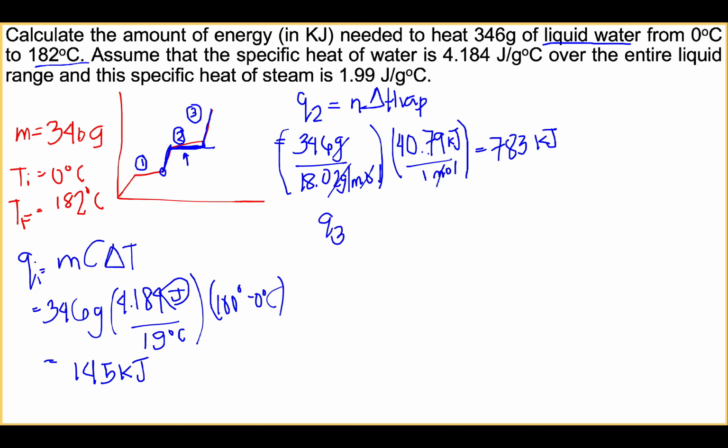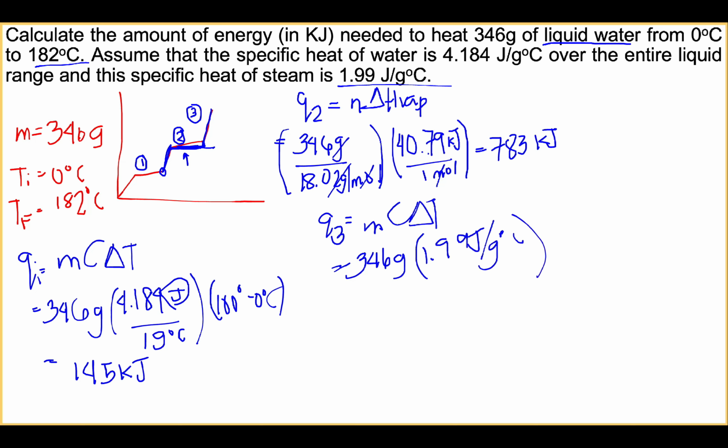Q3 is the slope, so we use Q is equal to mcΔT. Then substitute the values. Specific heat of steam times change in temperature, 182 minus 100 because you are here.